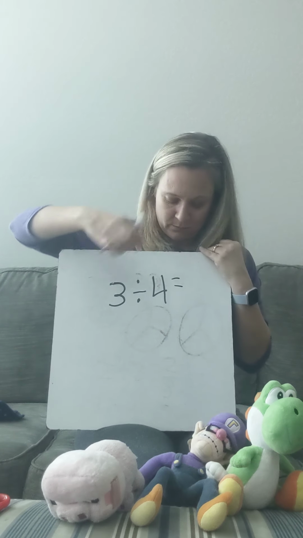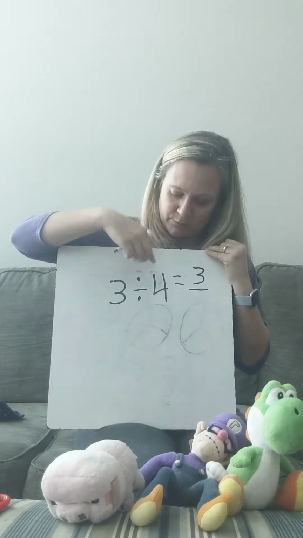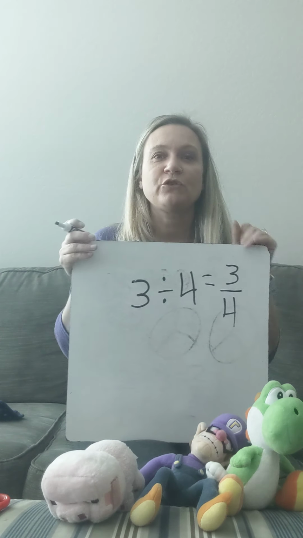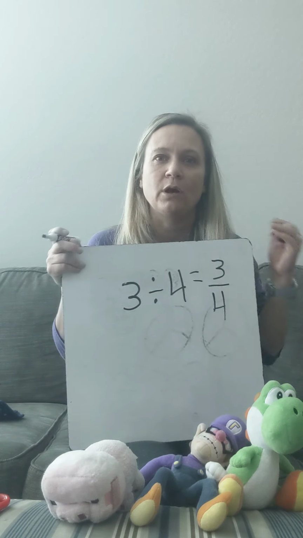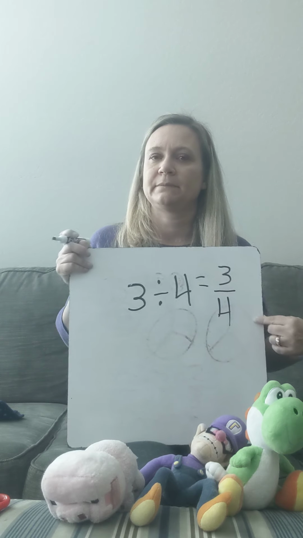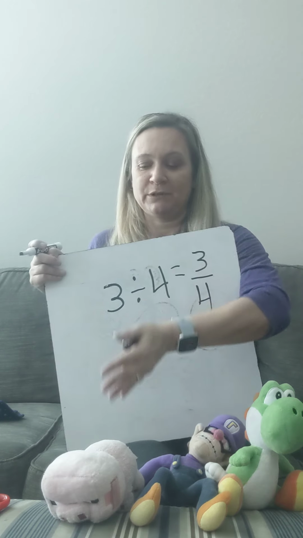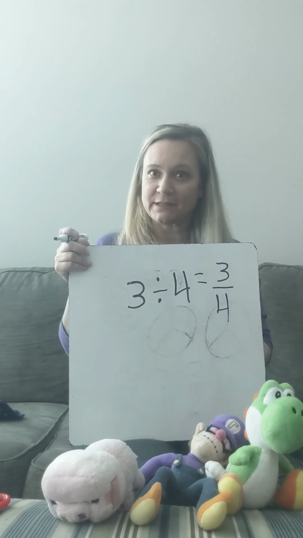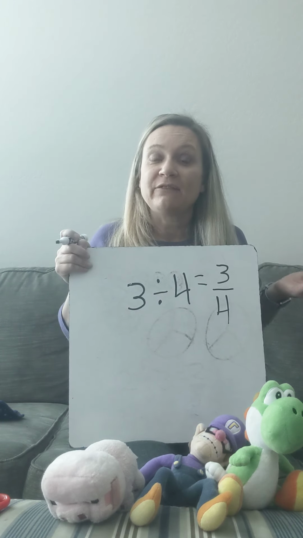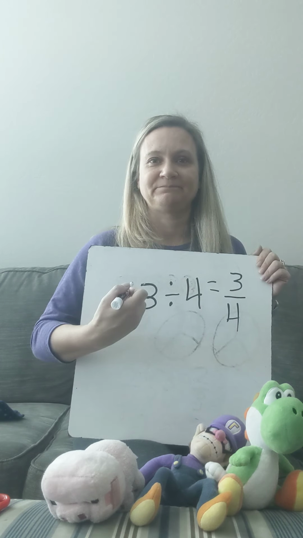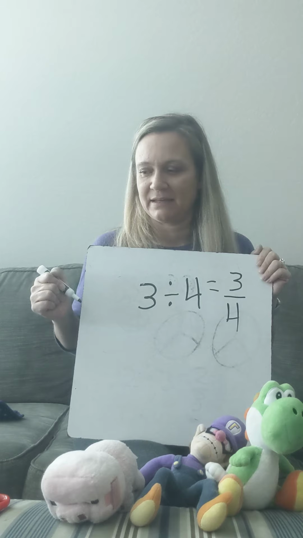So my cookies are my top number and my friends are my bottom number. So if I have 3 and I'm dividing it by 4, my answer is 3/4. Because 3/4 plus 3/4 plus 3/4 plus 3/4 would give us the equivalent of 3 wholes. Hopefully this is making sense.